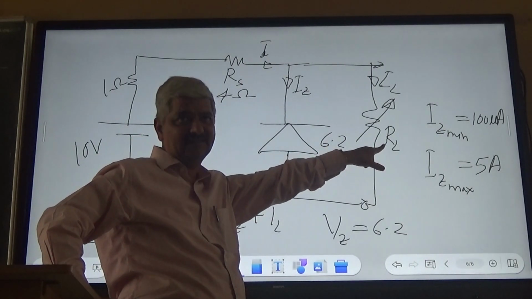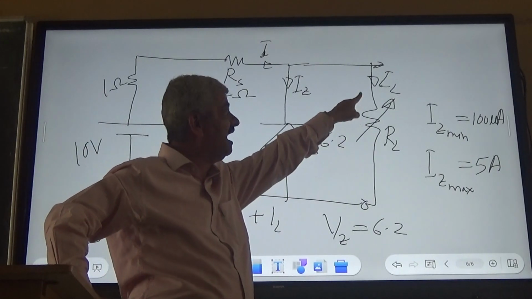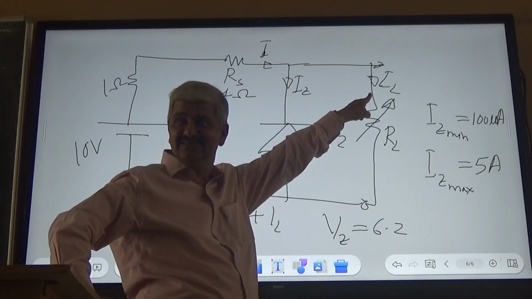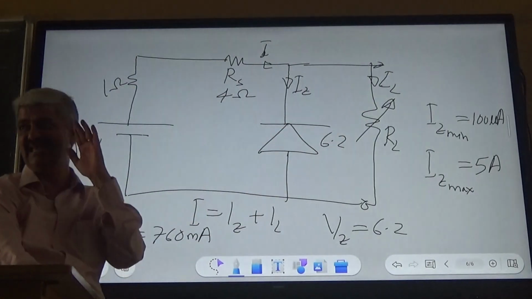So if this RL increases, what will happen? The load current will reduce, but IZ will adjust itself.